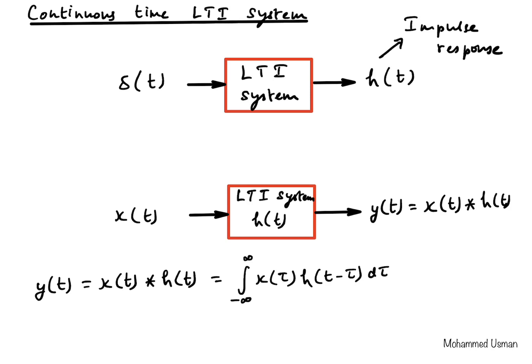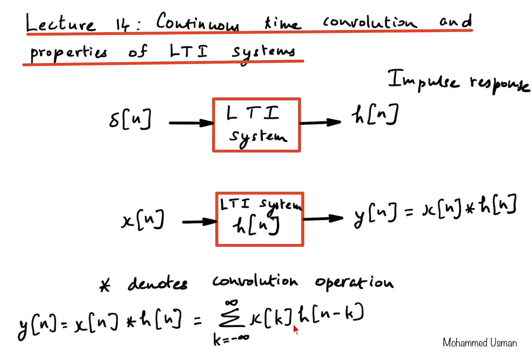So that's the convolution sum or superposition sum represented in the continuous time domain. So this integral that we have here is called the convolution integral or the superposition integral. Similar to what we had previously in the discrete case, we call this the convolution sum or the superposition sum, because it is a summation over integer values of this variable.